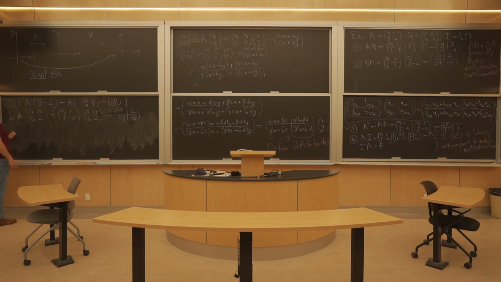Let's compute this. AB minus A. Well, we have both of these matrices. All I need to do is to write it out. So AB is 14, 3, minus 2, minus 6. And then A is here. So minus 5, 1, 3, minus 2.